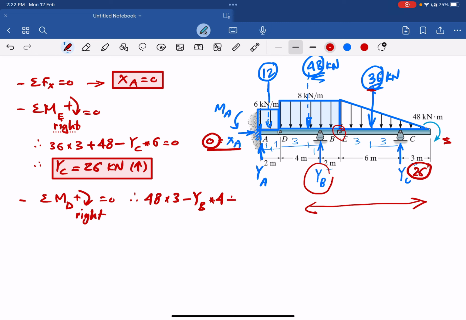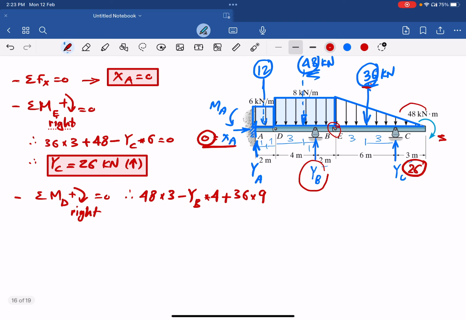Then plus 36, which is this one, times the whole distance here, which is 4 plus 2, this is 6 plus 3 is 9. So 3 plus 2 plus 4. So it will be 36 times 9. Okay. What else we still have? We still have 48.